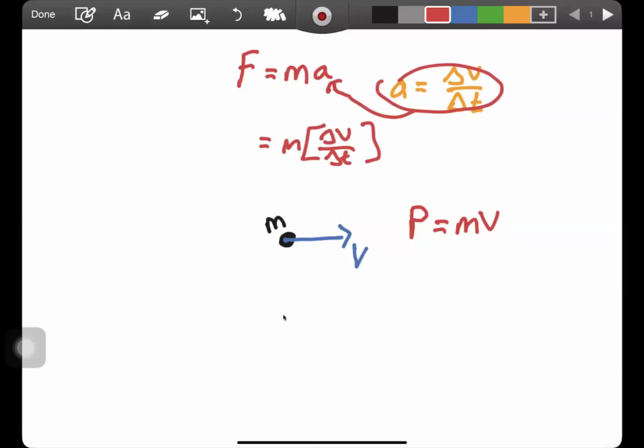All right. So look at that delta v, delta t term. Since mass is constant, I could put the mass inside the delta right next to the velocity. It doesn't matter whether I multiply it on the outside or the inside.